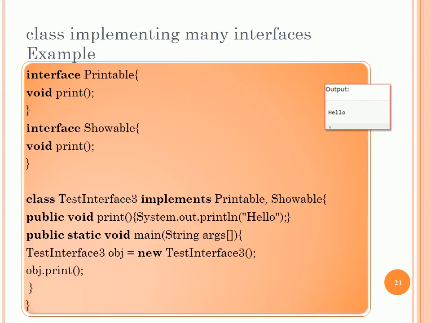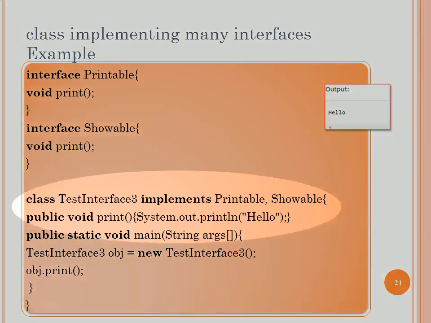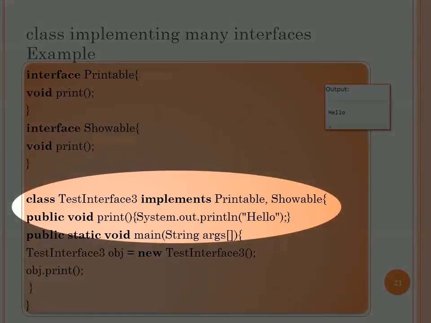Now let's take an example of multiple implementation in Java. In this case, we are creating two interfaces. The first one called printable and the second one is showable. Both of them have one abstract method which is called print. Now, we are creating a class called testinterface3 that will implement both of them. In this class, we are implementing one method which is print. Which print?